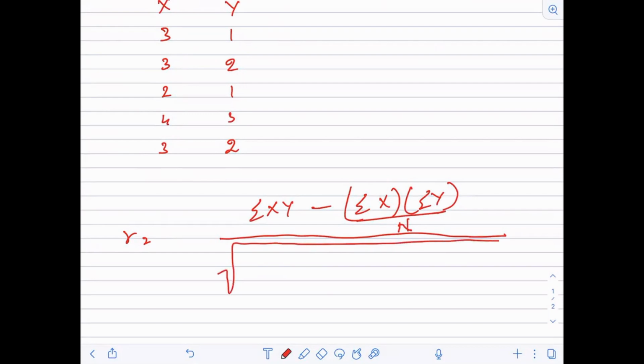Are you going to remember these formulas? Not really, but we need them in order to understand, because when you run all this on a system, it will normally not give you the formulas, though it can on different software when you need it. Sigma x square minus sigma x, whole square, divided by n, or big N. If I have used big N, let me use it, otherwise you will get confused.